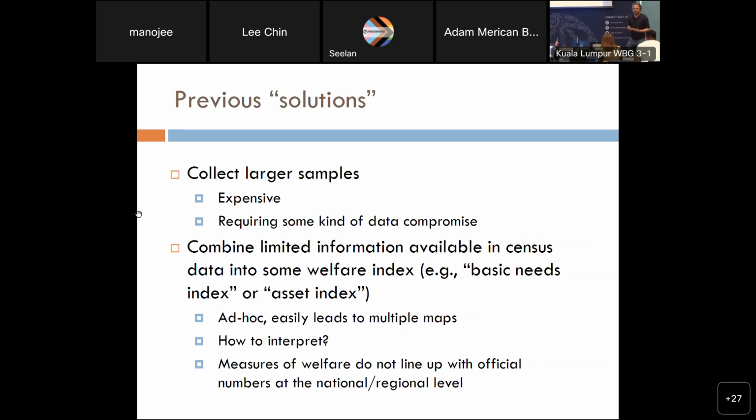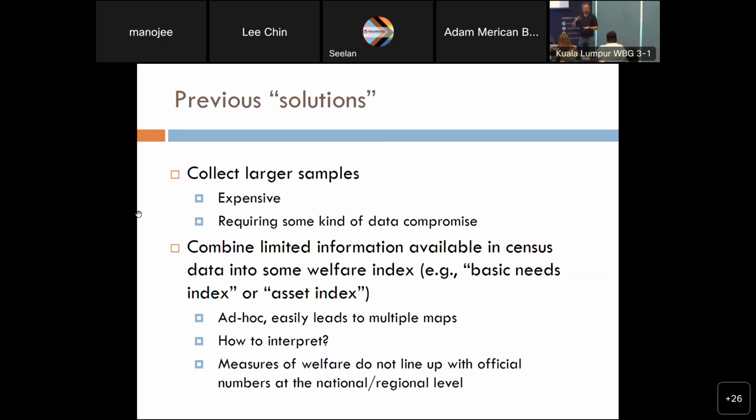There is something attractive about having consistency between your poverty map and your national poverty estimates, right?